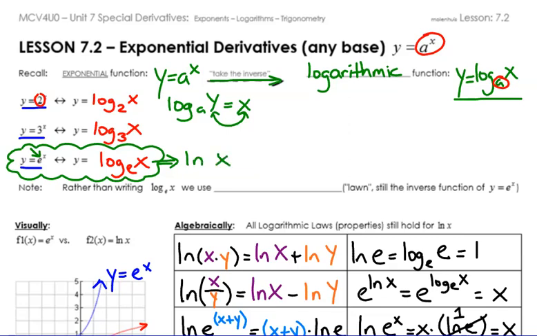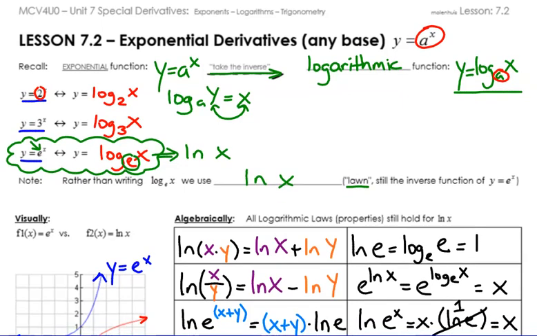You should have a button on your calculator that has an e, a button that has a log, and you should also have a button that says ln, as in like, you know, like you're mowing your lawn. Okay, so we specifically use ln x when we talk about log with the base of e.